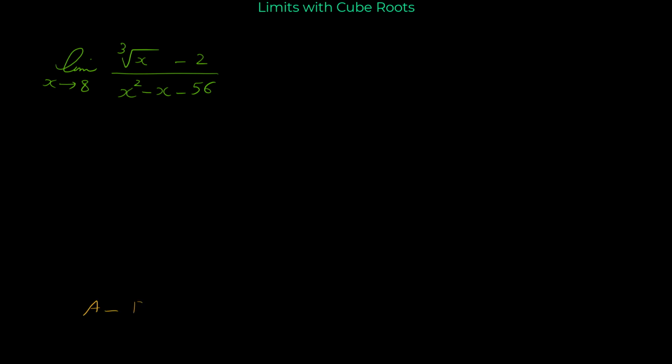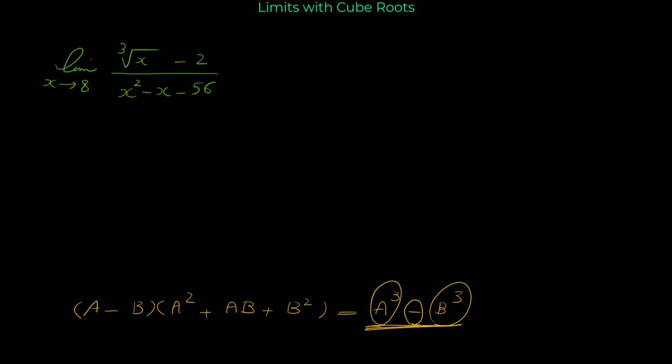A minus b times a to the 2 plus ab plus b to the 2 equals a to the 3 minus b to the 3. The reason that we say this is the difference of cubes is that here we have the difference of two cubes. So this is the difference of cubes identity.